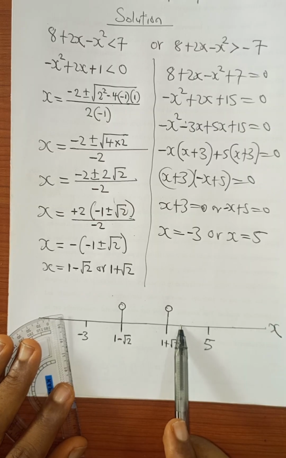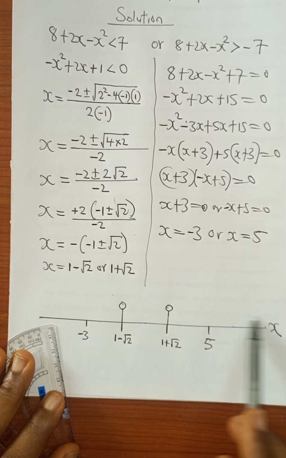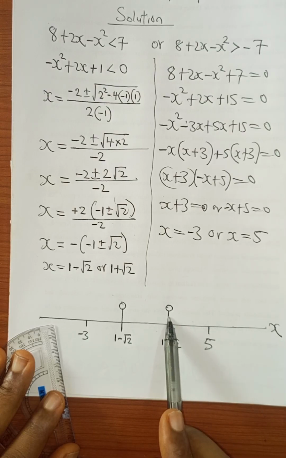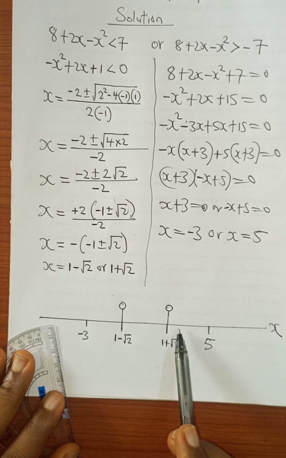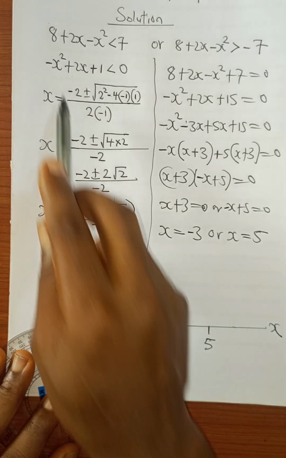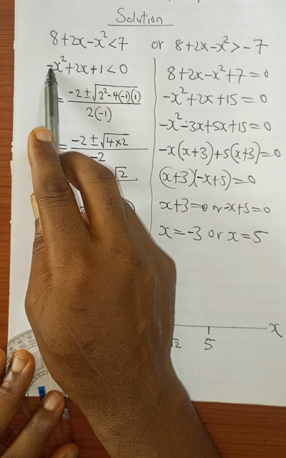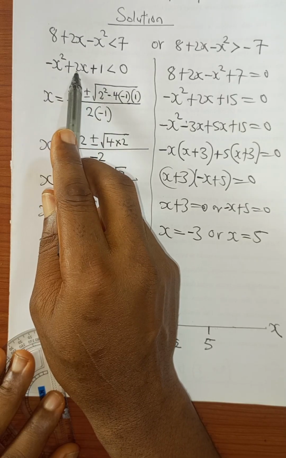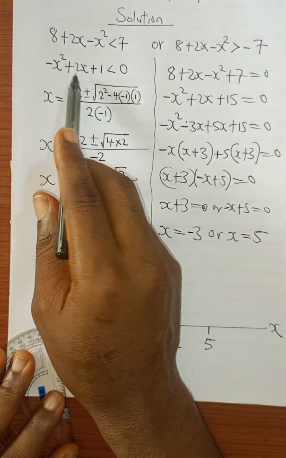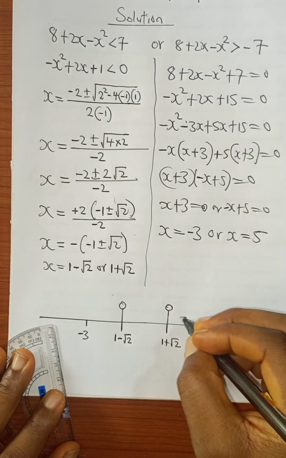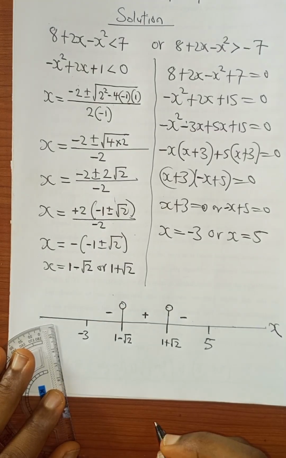So how do you check? If you put 5 in this zone, to know what this zone will be, to know whether it's negative or positive. Put 5 here. 5 squared is 25. 25 times minus gives you -25. 2 times 5, 10. Plus 1, 11. -25 plus 11 will give you negative. So this zone here is negative. This zone will be positive. This zone will be negative.